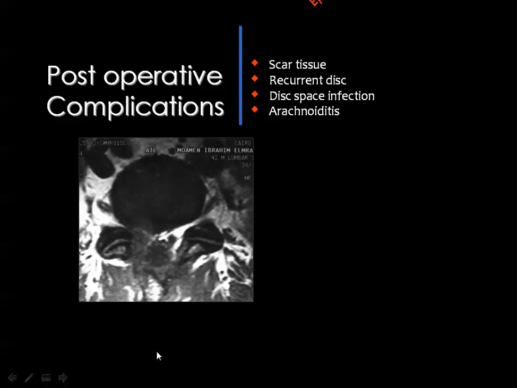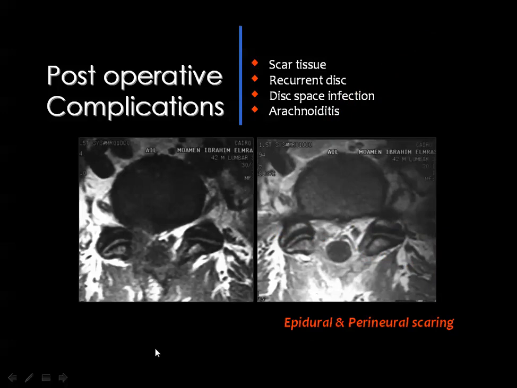Then you have to inject contrast media, and you know that the scar tissue will enhance with contrast media while the disc will not enhance. Then after injection of contrast medium, you can see that the whole lesion has been enhanced with contrast, denoting that this is a post-operative scar tissue.